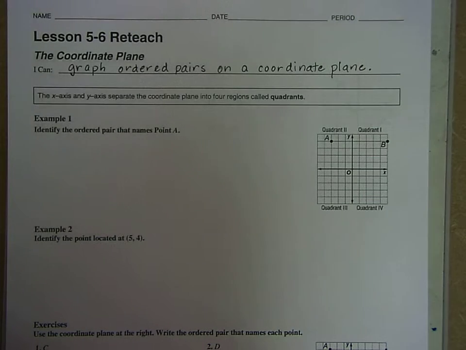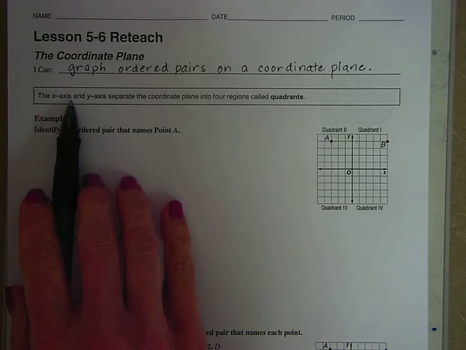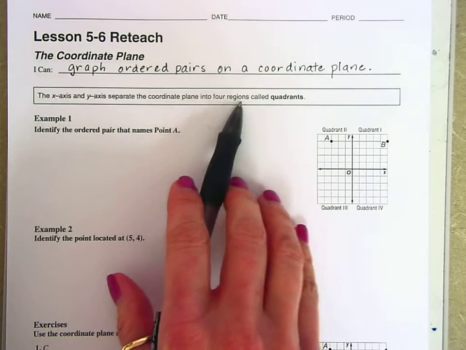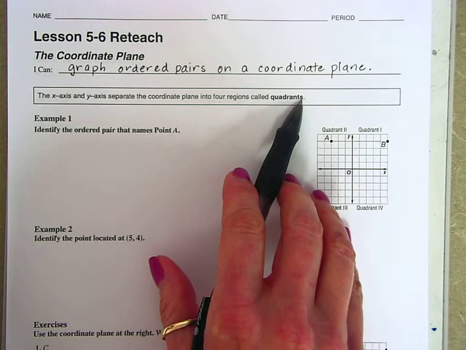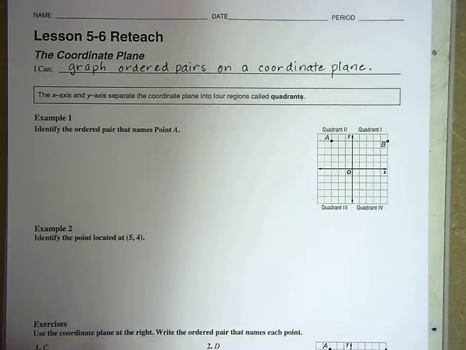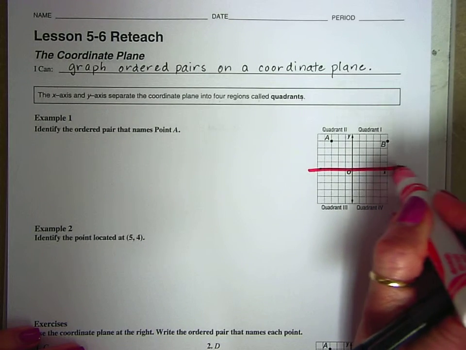All right, read with me silently as I read aloud. The x-axis and y-axis separate the coordinate plane into 4 regions called quadrants. All right, we have what they call the x-axis.